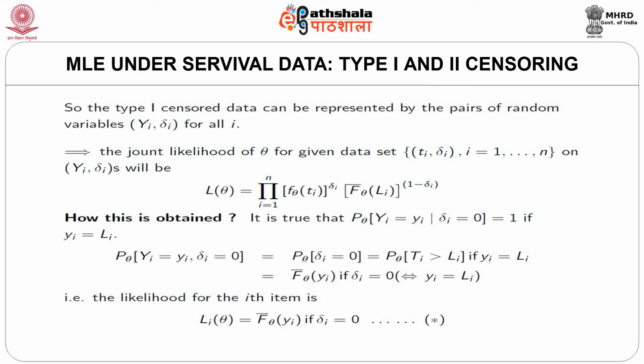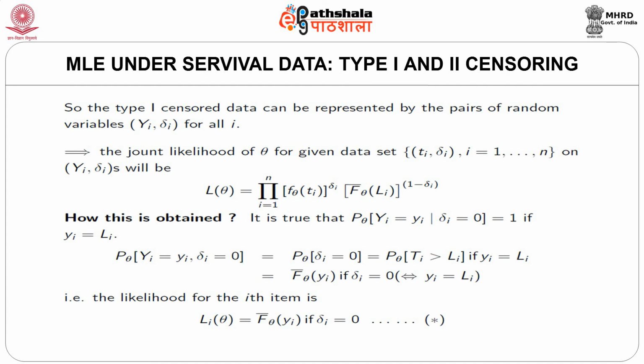This implies the joint likelihood of theta for given data set, say small ti comma delta i for all i from 1 to n, based on the paired random variables capital Yi, delta i's will be capital L theta equal to the product of small f theta at ti whole to the power delta i into capital F bar theta at the point capital Li whole to the power 1 minus delta i.